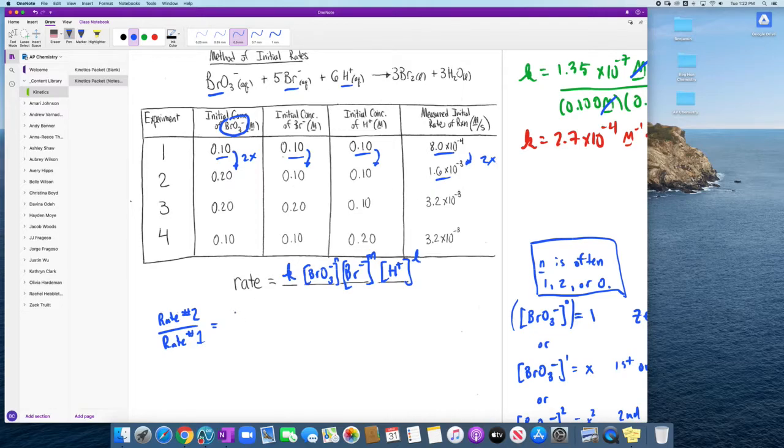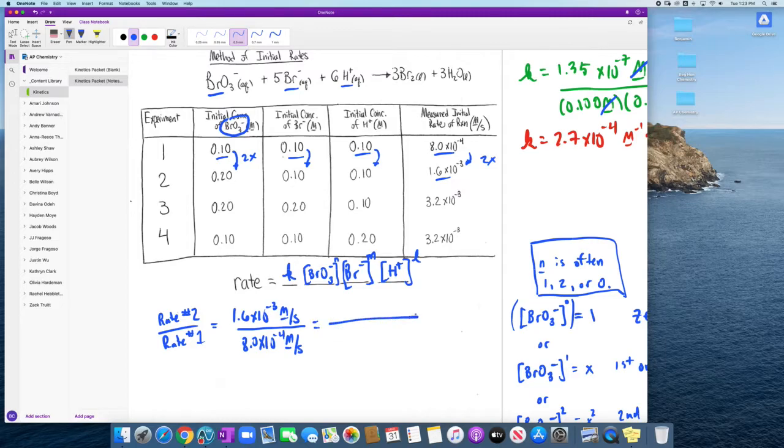And so the rate in number 2 was 1.6 times 10 to the negative 3 molarity per second. And the rate in reaction 1 is 8.0 times 10 to the negative 4 molarity per second. Those are their rates.